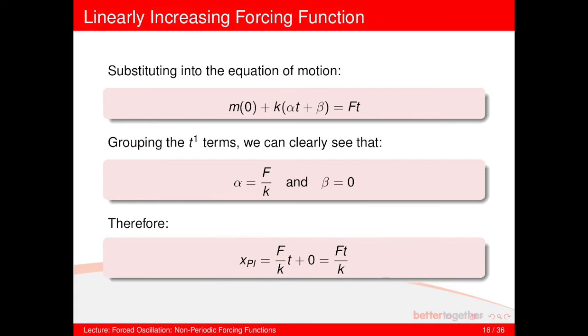If you set alpha to be F upon k in there, you get k times F upon k, the k's cancel, and you end up with F t equals F t. That makes sense. So that's grouping the t to the 1 terms. We can see that alpha is F0 upon k and beta must be 0. So you can plug that back in and you end up with F t upon k.